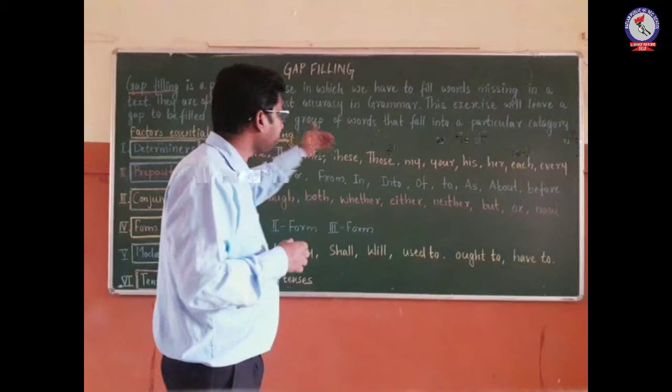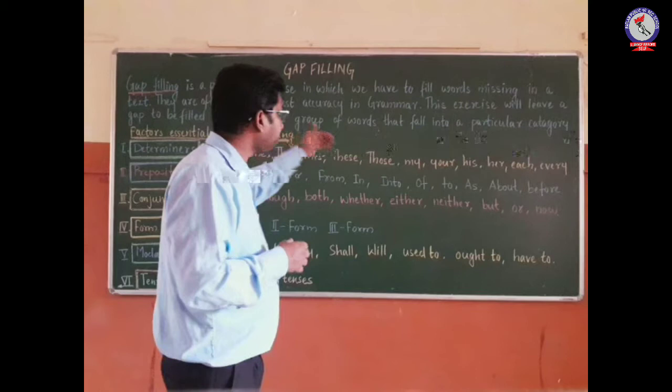These are all modals. If we know how to use modals to frame a sentence, then it will be easy for us to fill up the gaps in the text or paragraph.